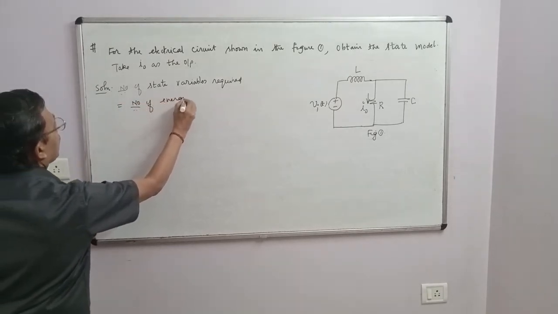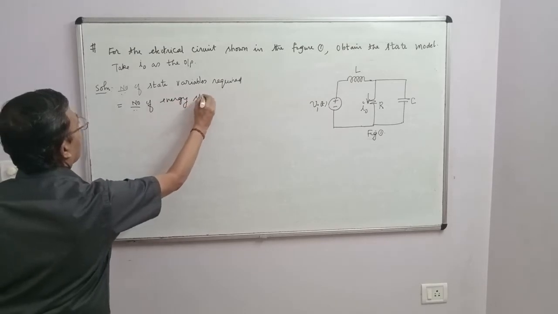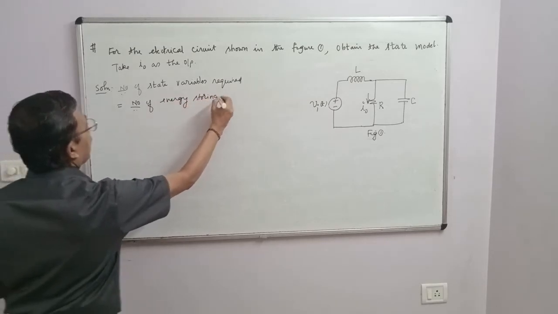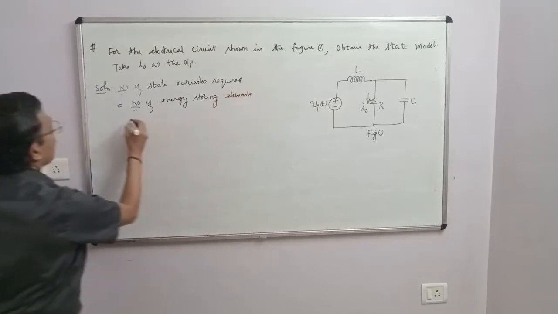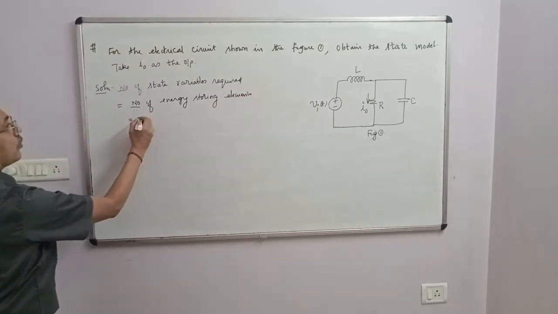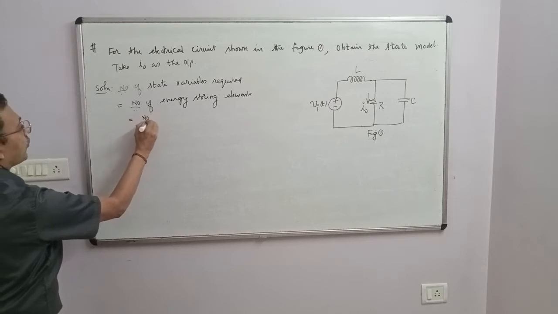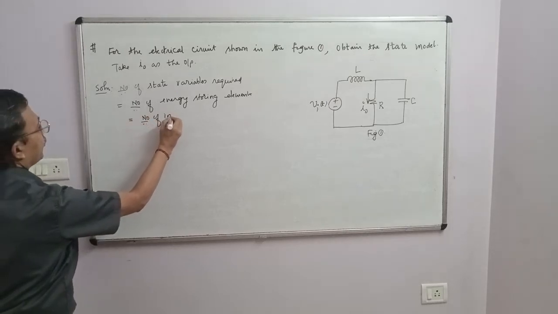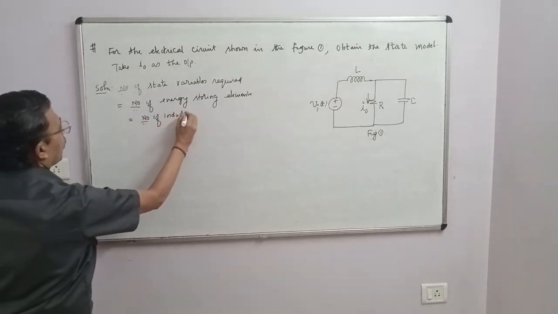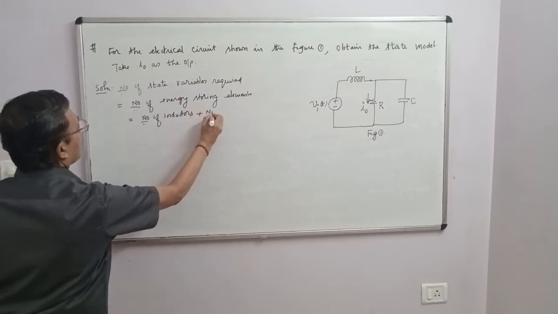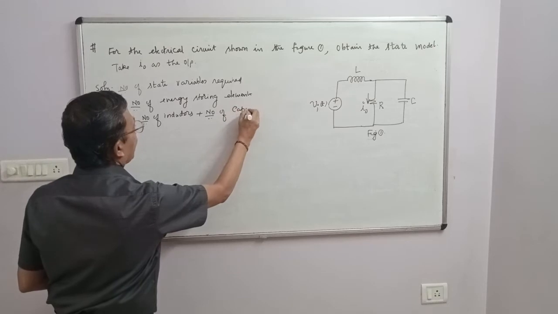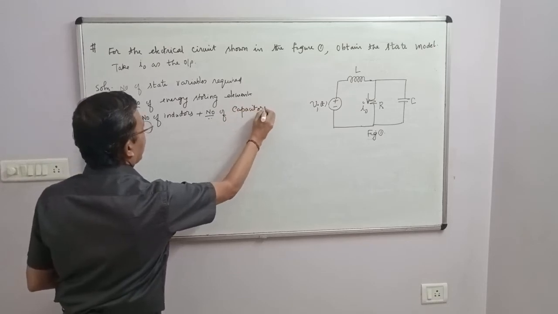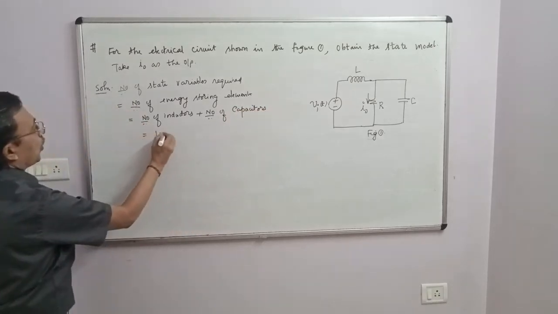energy storing elements. Number of energy storing elements is equal to number of inductors plus number of capacitors, which is 1 plus 1.